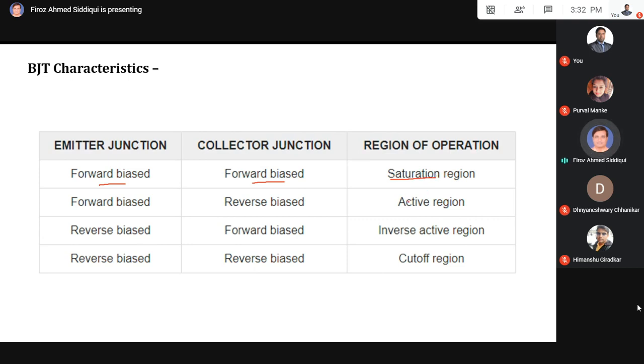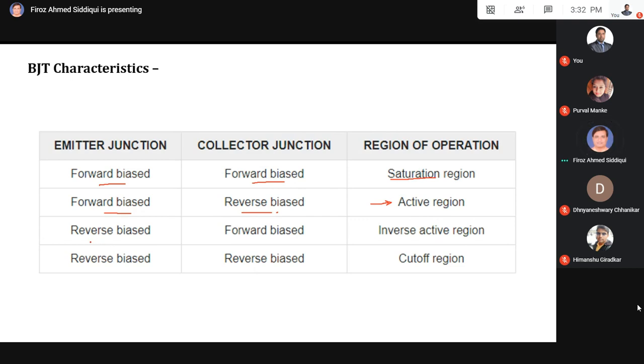If both the junctions are forward biased, then the transistor will operate in the saturation region. And if the emitter junction is forward biased and the collector junction is reverse biased, as we saw above, we forward biased the emitter junction and reverse biased the collector junction, in this case the transistor will operate in the active region.